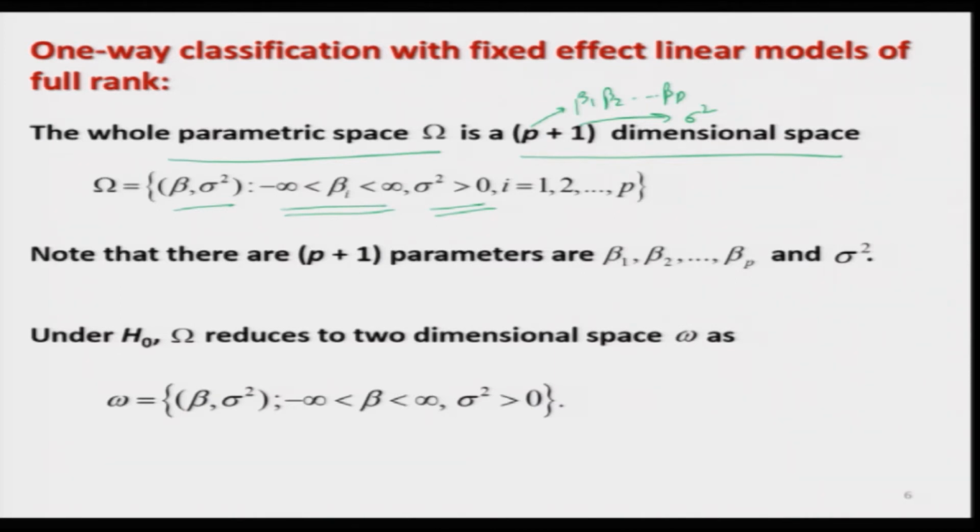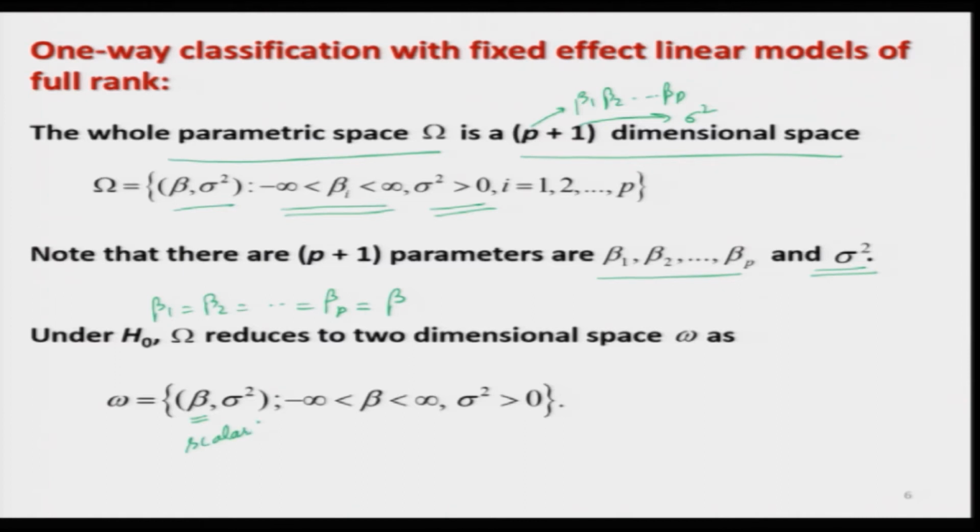So, now you can see here that beta 1, beta 2, beta p and sigma square are the p plus 1 parameters in omega that are unknown, that we want to estimate, and under H naught you are assuming that all beta 1, beta 2, beta p are going to be the same as beta, right. So, now this value here is beta, this is only a scalar here, that you have to keep in mind, right.